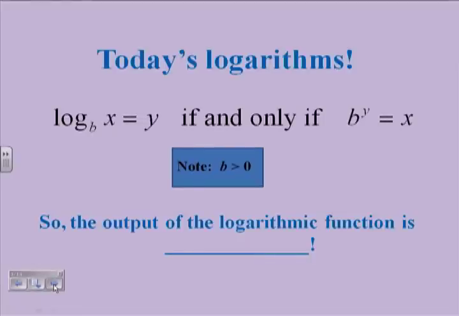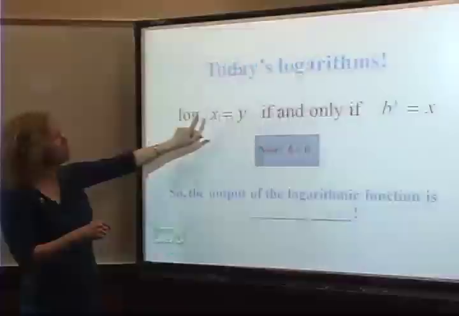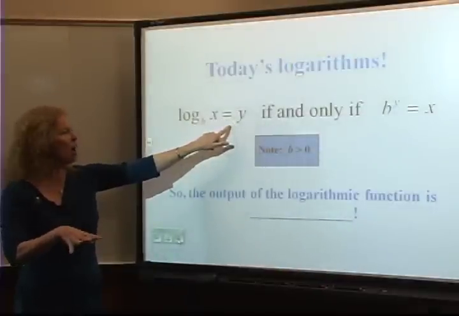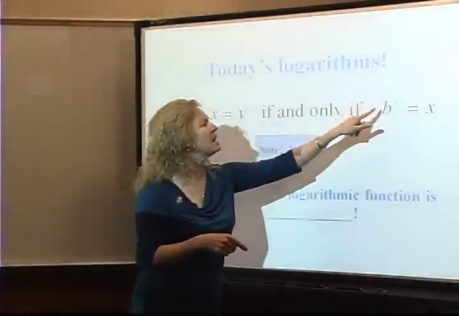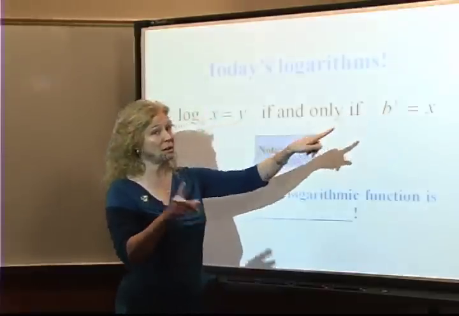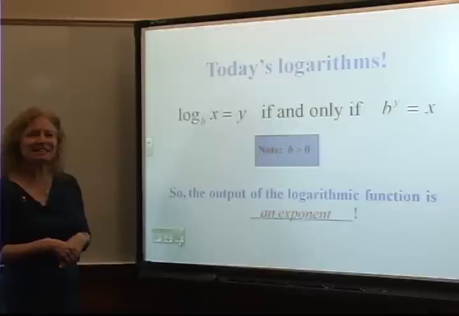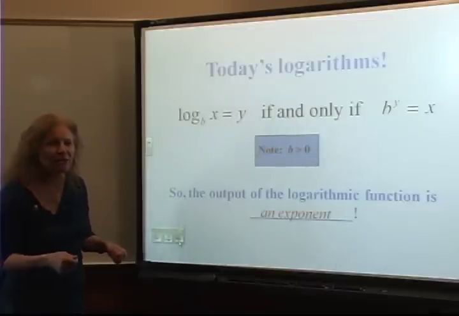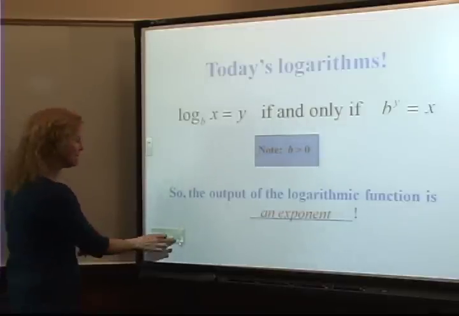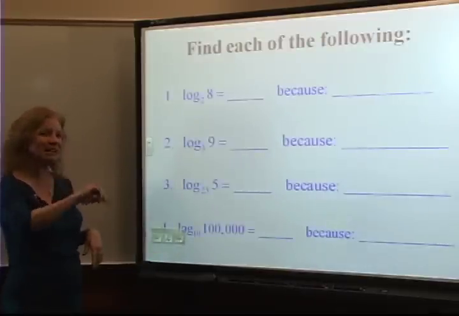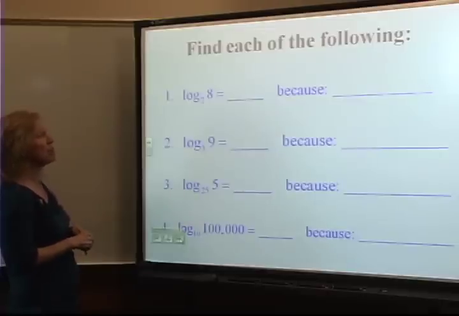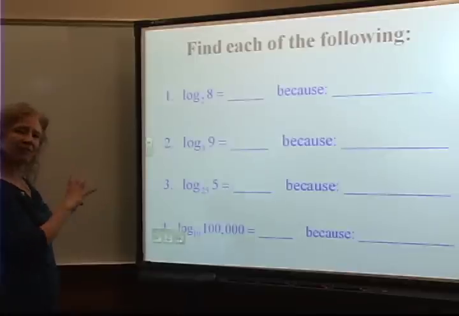Now, because of this particular information, notice that the output is this y, and look at where that output is sitting over here. The output of a logarithmic function is an exponent. You're going to hear that from me many, many times in the hopes that you'll be comfy with that. So let's use that definition from the last screen.